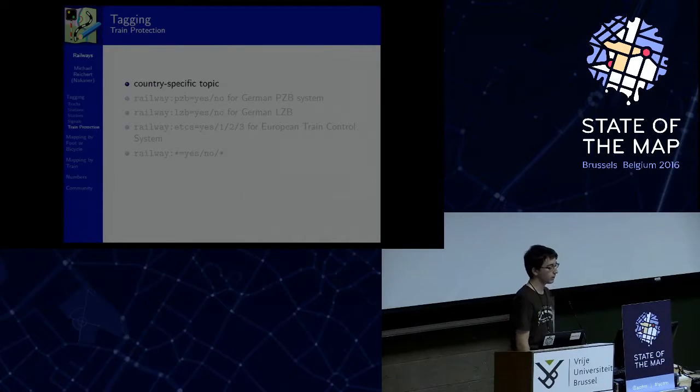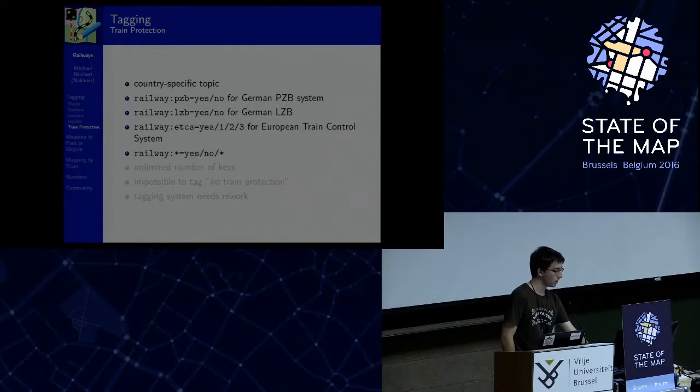The tagging of train protection in OpenStreetMap is bad, because there's no good tagging scheme. The train protection is as country dependent as the signal systems. You have a separate key for each system, and currently it is impossible to say there's no train protection on this line.